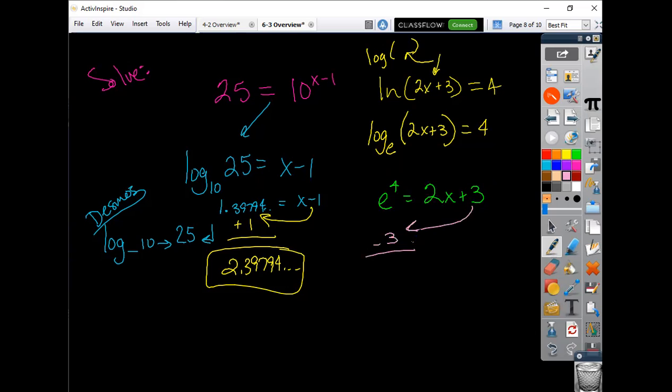Subtract the 3. After I do e to the 4 minus 3 and that's gone, then I'm going to divide by this 2. To get my final answer, on mine it's second ln on my calculator, e to the 4th, enter to get that, subtract 3, enter to get that, and divide by 2, and I'm getting 25.799-ish. I'm going to round it off, so I'll put my approximation symbol in front to admit that I rounded it off, in case in a real life problem I would need to be more precise.